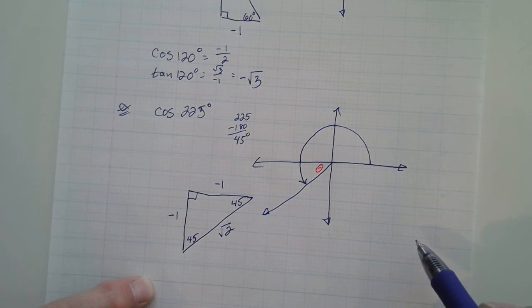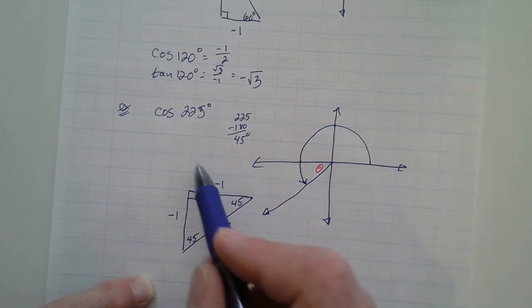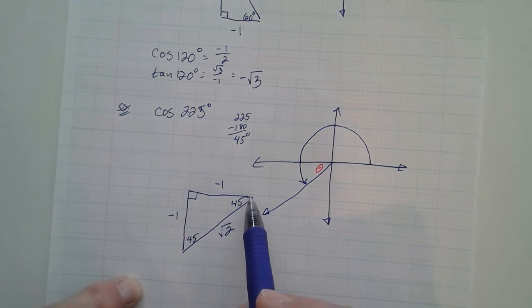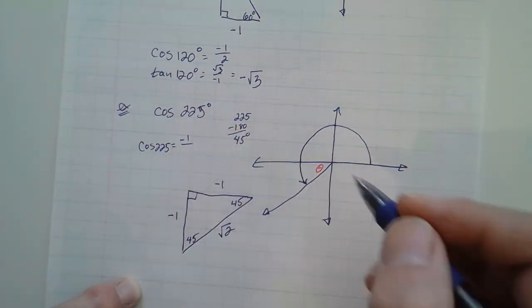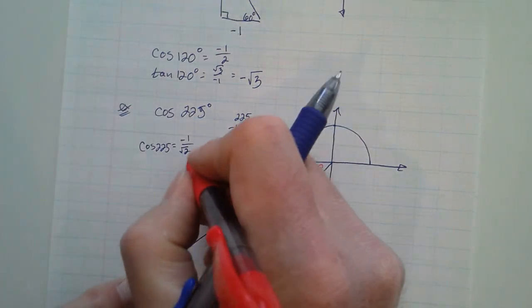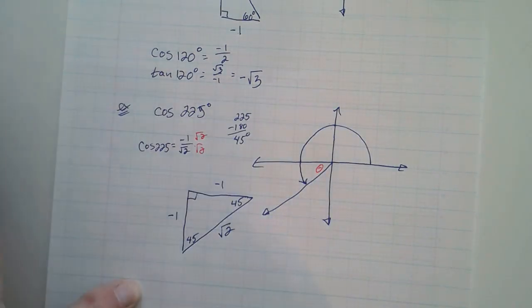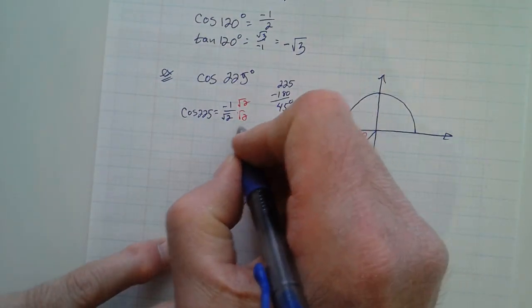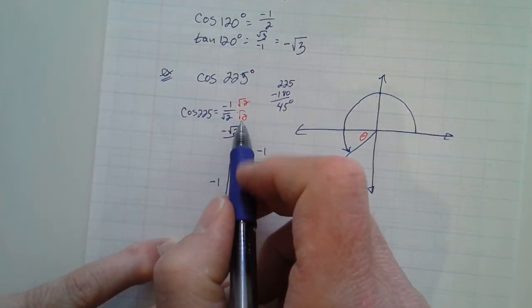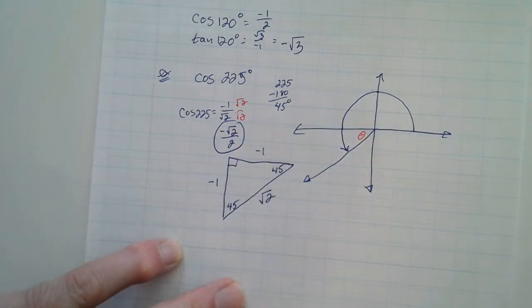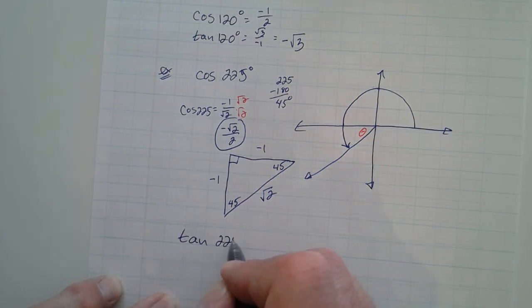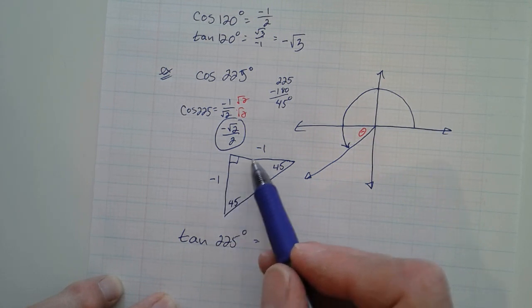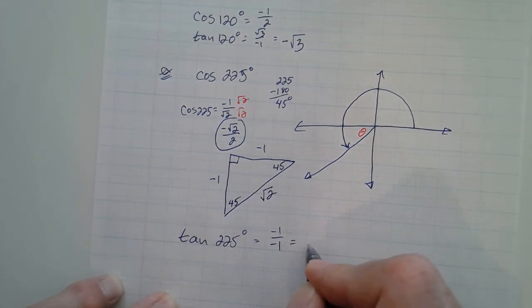And the hypotenuse is always positive. So what is the cosine of 225 degrees? Adjacent over hypotenuse, or negative 1 over square root of 2. That's our answer. What about the tangent of 225 degrees? Well, that is opposite over adjacent, which is just 1.